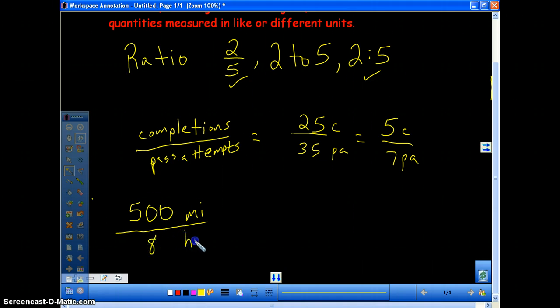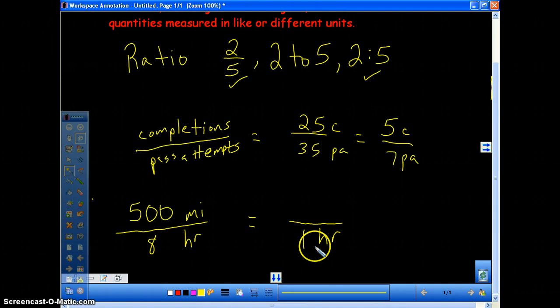And this is kind of an average of what I would normally expect when I was traveling to and from Seattle to come back to Missoula when I lived in Seattle. To drive that 500 miles, I'd kind of budget myself 8 hours. But what I want to know is really how fast am I traveling for one, or in each hour? How far am I traveling? And that gives me my speed.